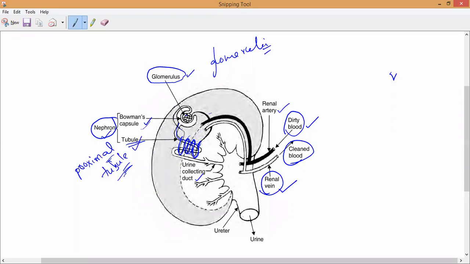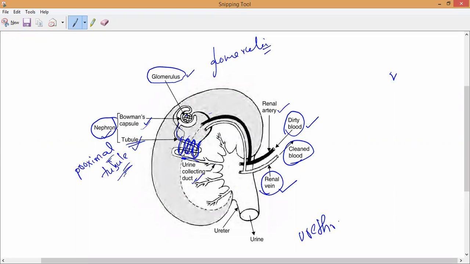So as we know, finally the unnecessary substances or extra products are collected in the urine collecting duct. That is what we should call as what? Urine. And this urine passes to where? Ureters, and from ureters to the bladder, and finally it comes out from the urethra. Is it yes? Urethra.